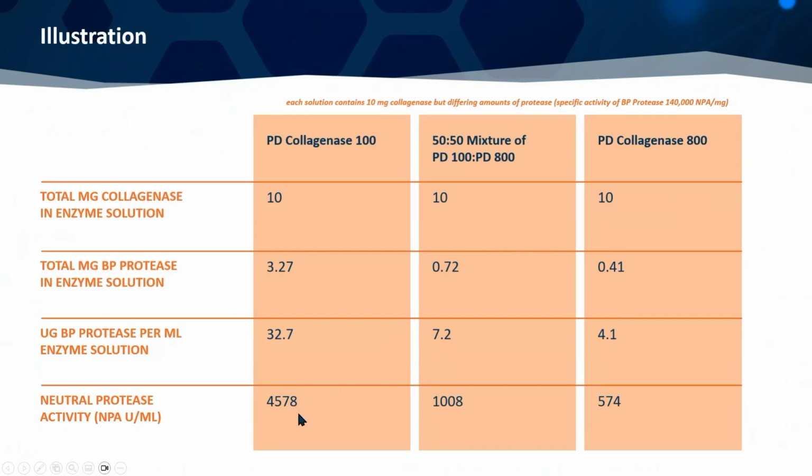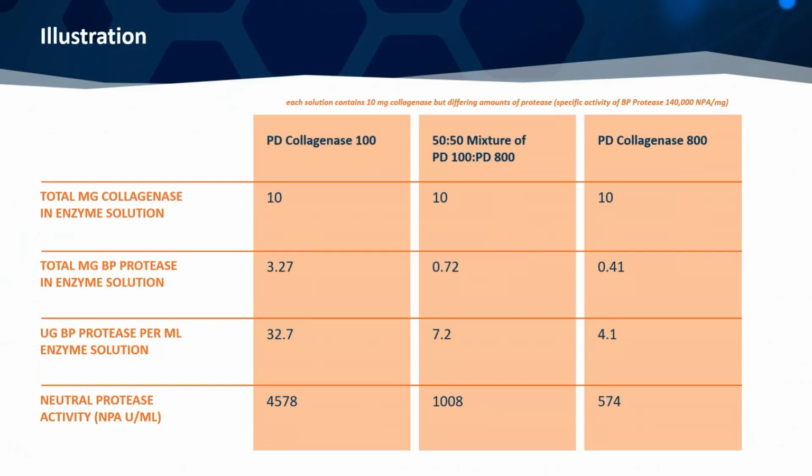This would be an equivalent for the PD 100 of what you'd find in a Worthington type 1 collagenase, and you'd get about a fourth, about a half of that in the 800. But the bottom line is, as long as I get a good amount of collagenase that's in excess, what I really want to look at is the protease activity. And this model actually accomplishes that for you.